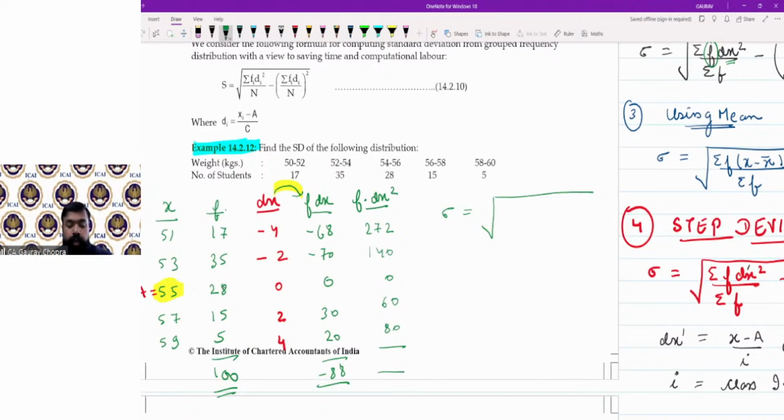Okay, now let's make the total. We are having how much? 472 plus 80. It will give us 552.